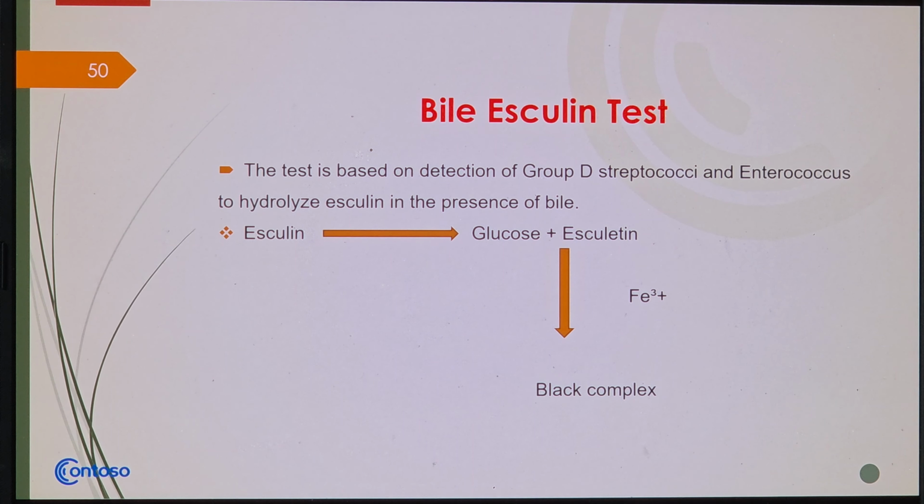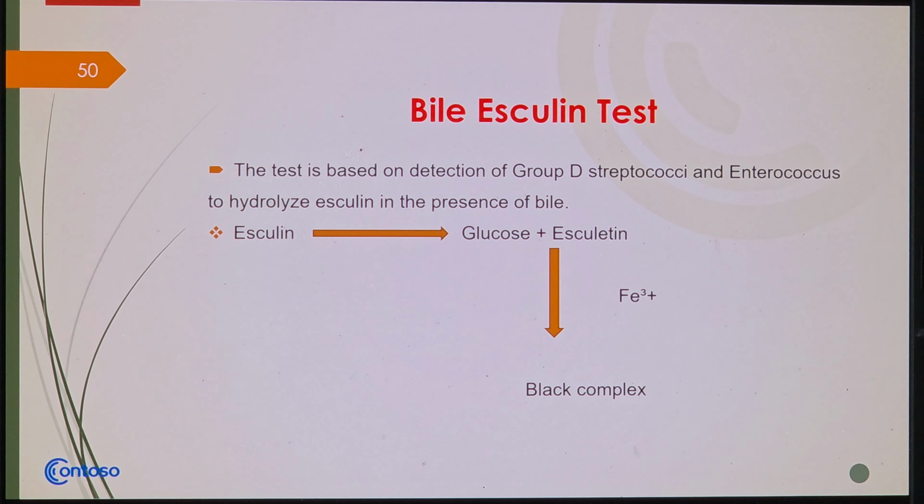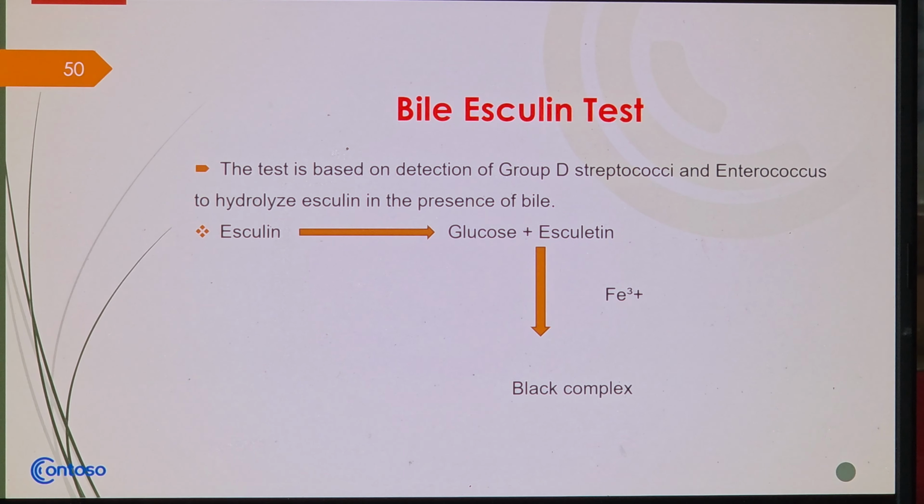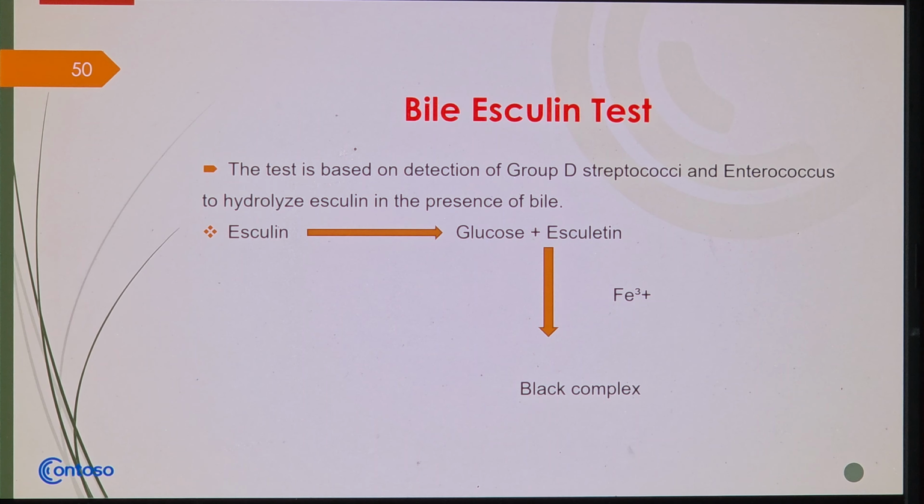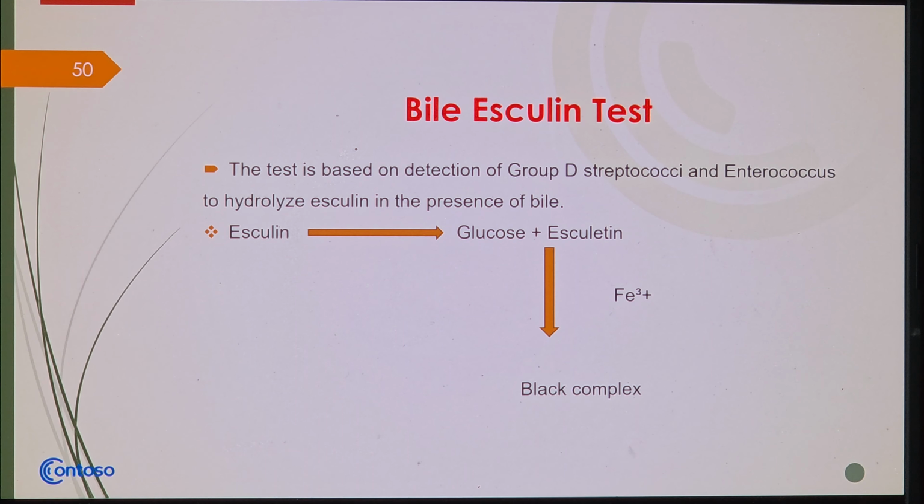The bile esculin test is based on the ability of group D streptococci and enterococci to hydrolyze esculin in the presence of bile. Here esculin in presence of bile is converted into glucose plus esculetin. Then esculetin in presence of ferric iron is converted to a black color complex, so the entire medium becomes black.